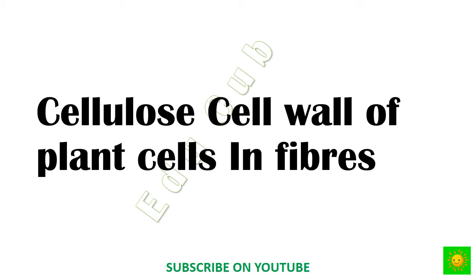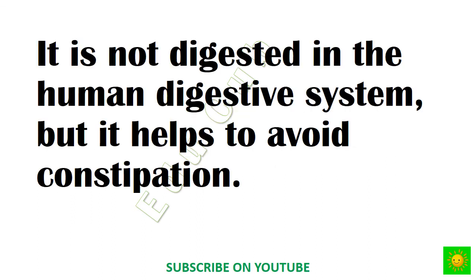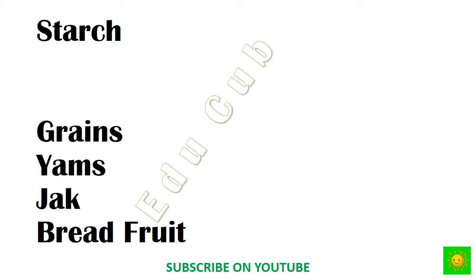It's present in the cell wall of plant cells, in fibers. It is not digested in the human digestive system but helps to avoid constipation. Next type, starch. In grains, yams, jackfruit, breadfruit, we can see starch.